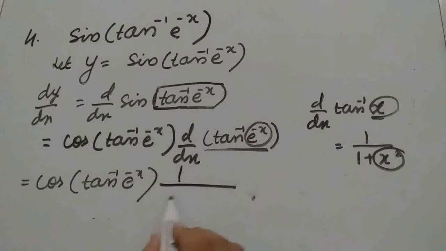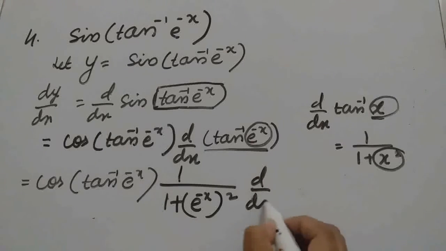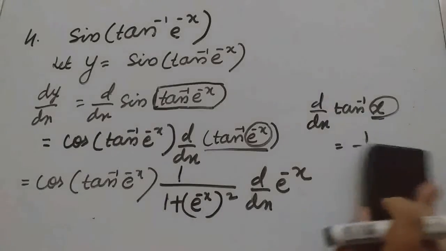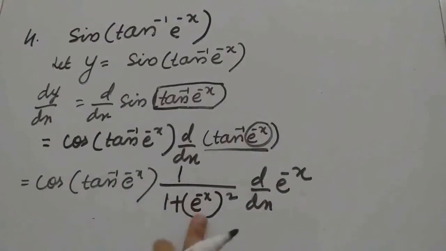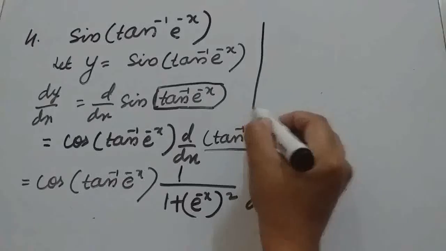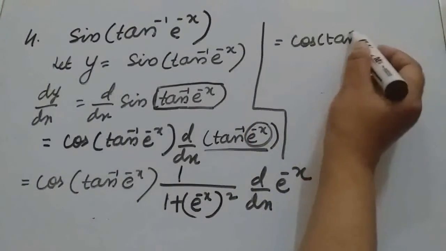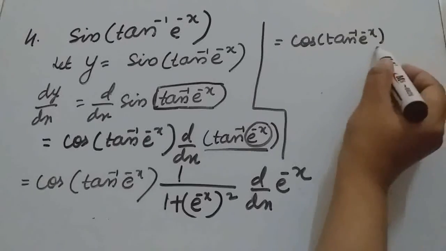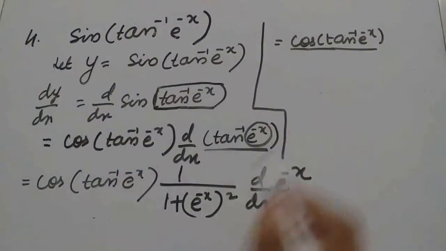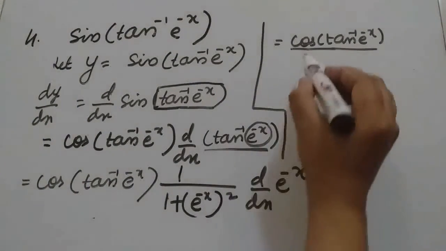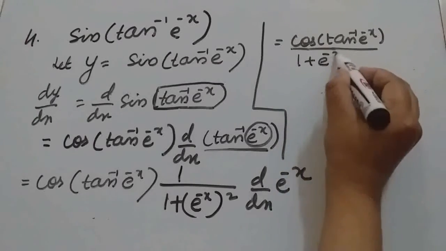So 1 by 1 plus angle square means e power minus 2x, then the derivative of this. Okay. Now in the next step these two terms will come the same as it is. So cos of tan inverse e power minus x divided by 1 plus e power minus 2x, and then the derivative of e power minus x.